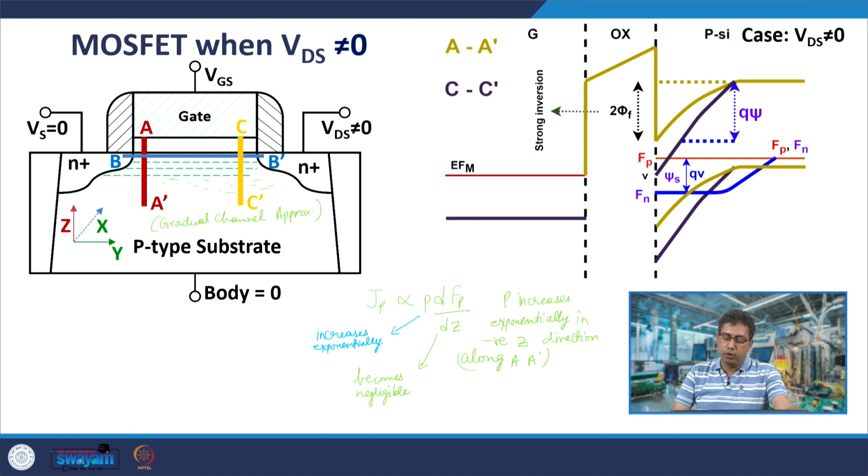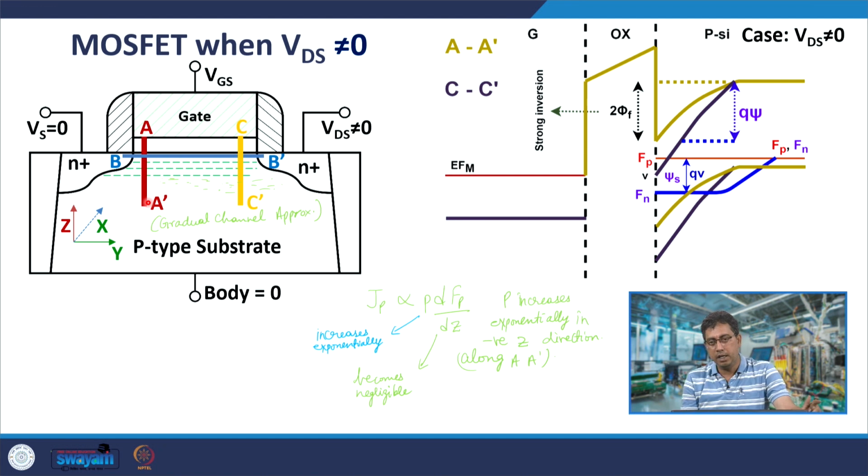So, even if we consider that Jp is non-zero, it is almost constant along the A prime direction. P increases exponentially as you move from A to A prime. So, dFp by dz should become almost negligible as soon as you enter the depletion region from the interface and move towards A prime.